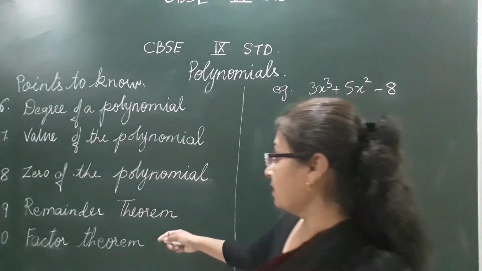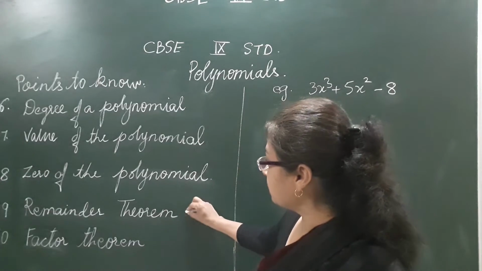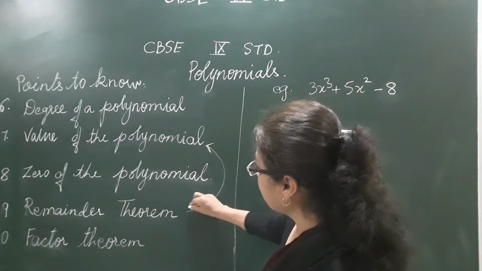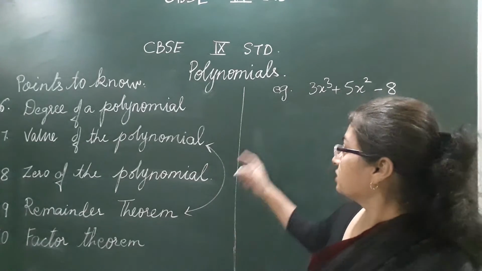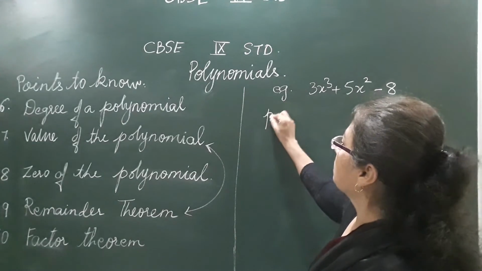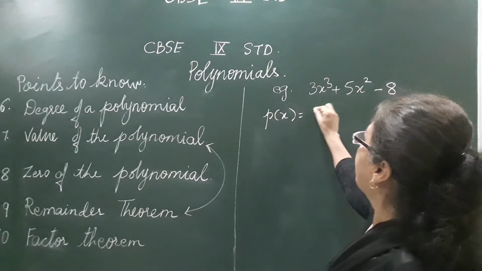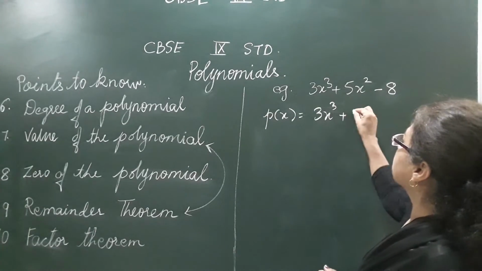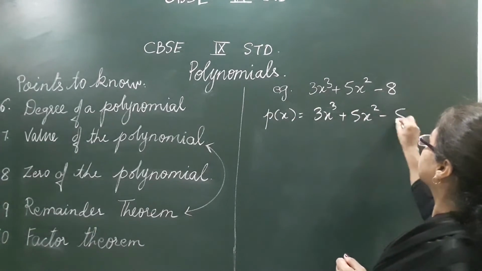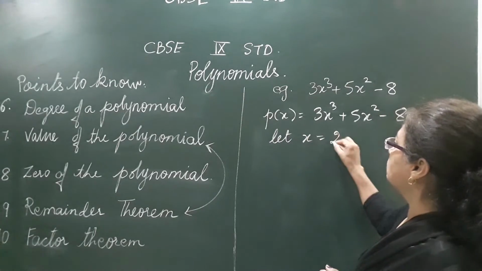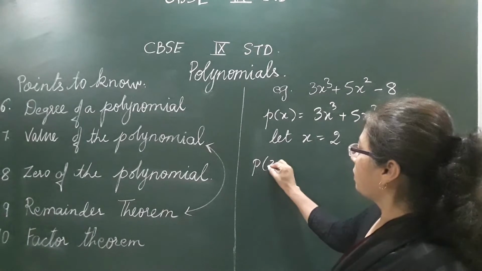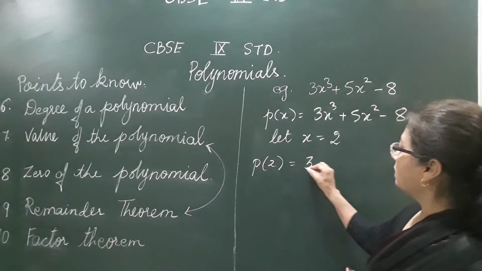Now we will come to the remainder theorem. Remainder theorem is exactly connected with the value of the polynomial. So suppose over here I'll take 3x cubed plus 5x raised to 2 minus 8, and suppose I decide the value of x to be 2.